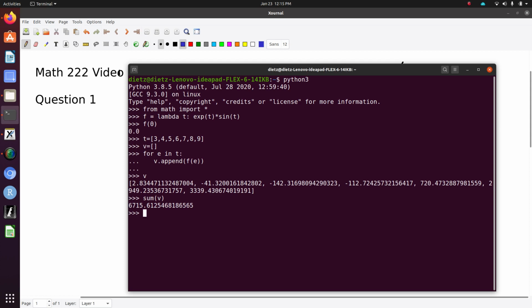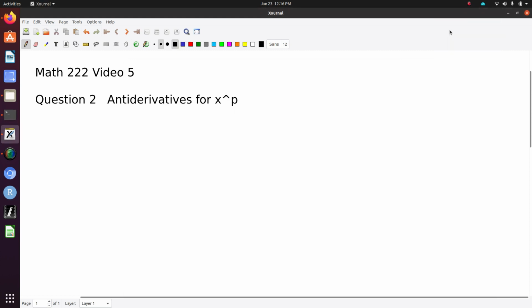Again, you can also do this using Desmos. Like I already alluded to in question 1, so if you forwarded to this point, if you're doing this question first, I'll just repeat that.